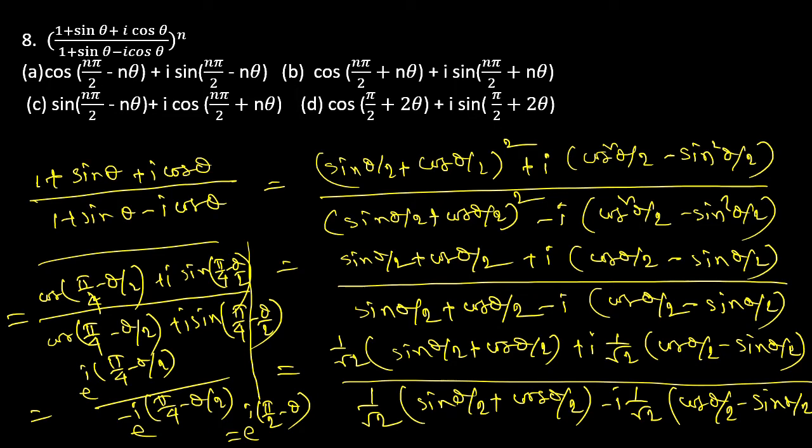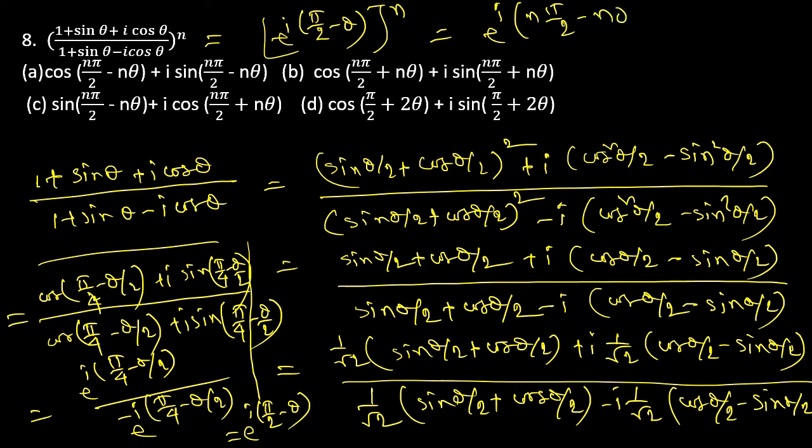So this will be e to the power i (pi by 2 minus theta), where for n it means e to the power i n pi by 2 minus n theta. So option A will be true. Okay, next problem.